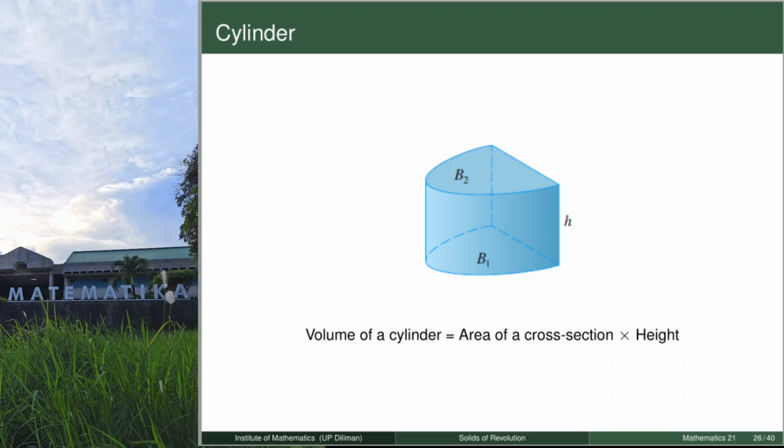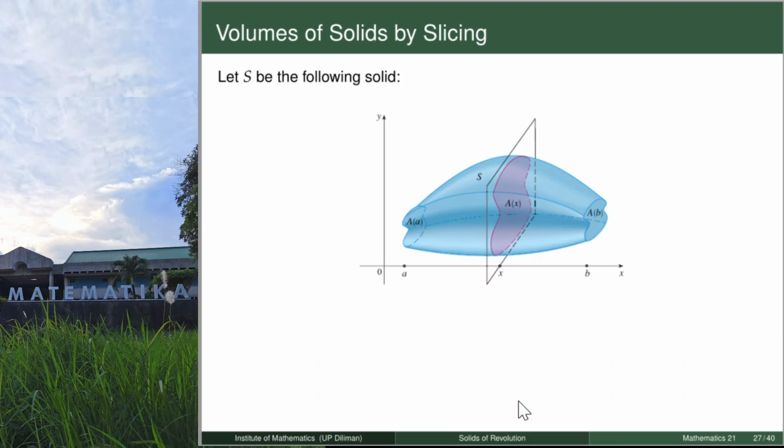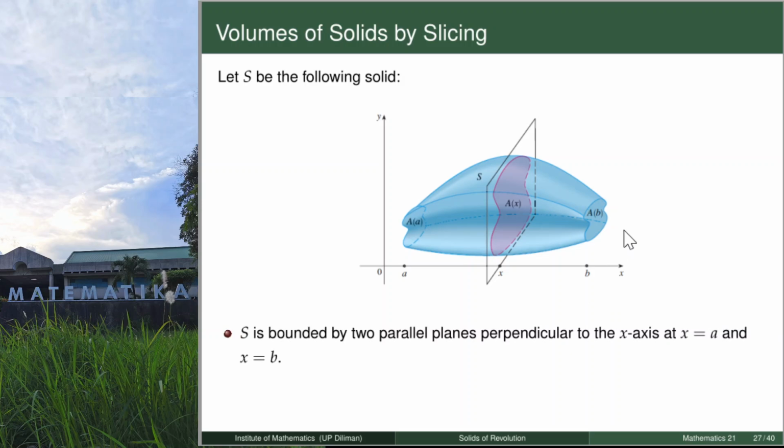Remember, for this topic, our solid doesn't need to be obtained using revolution about some axis. It can have an arbitrary shape. So, consider the following solid S, which looks like a bread loaf. S is bounded by two planes perpendicular to the x-axis at x equals a and x equals b.